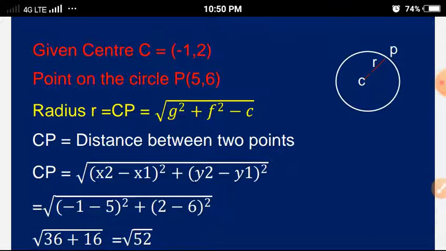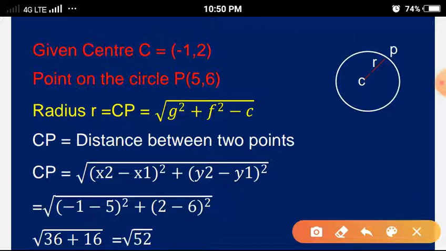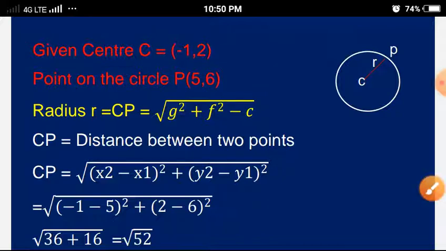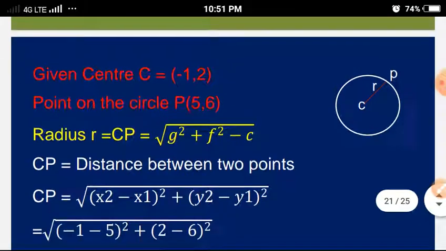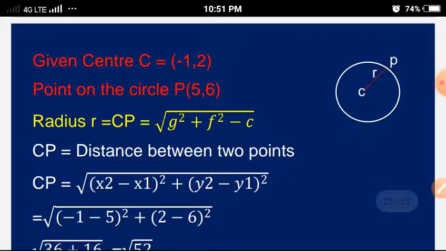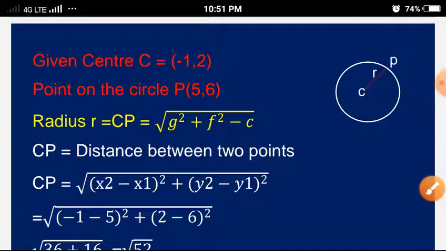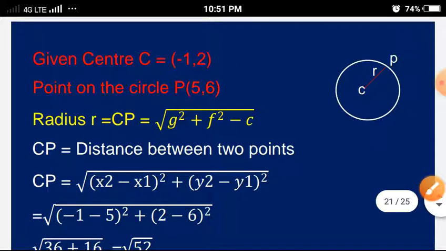First, we have to write the given values. Given center C is equal to minus 1 comma 2 and given point P is equal to 5 comma 6. Then we have the radius formula. The distance from the center to the point is called the radius. This is the distance between 2 points.